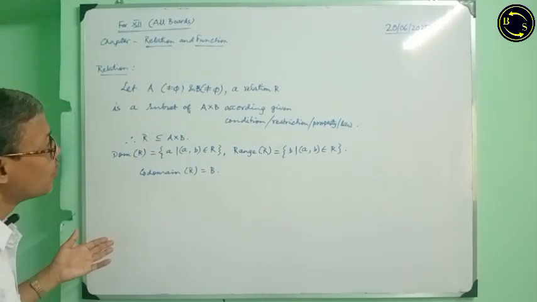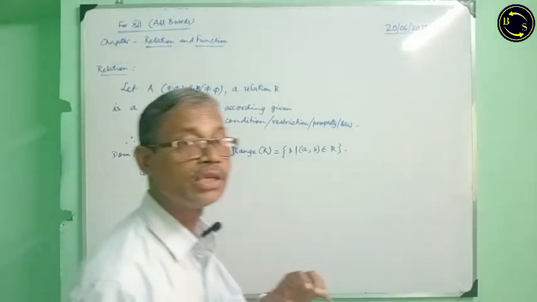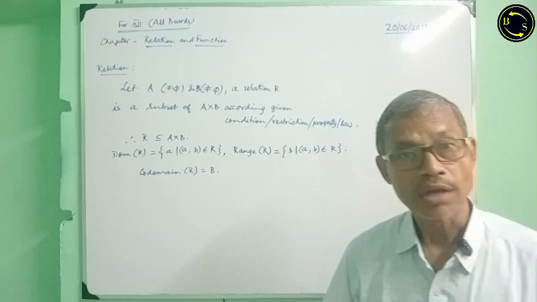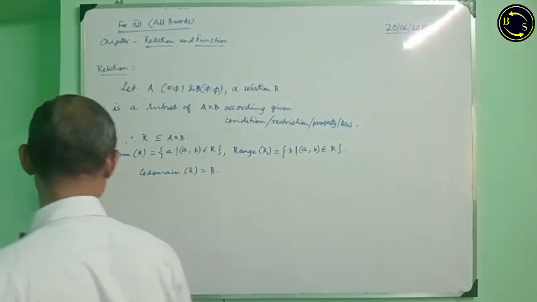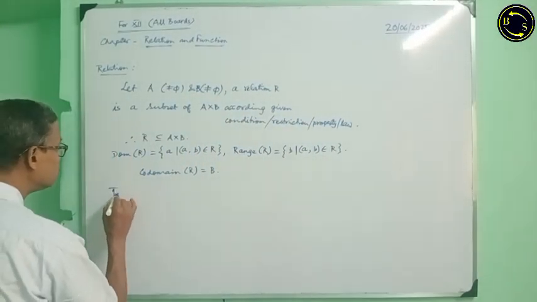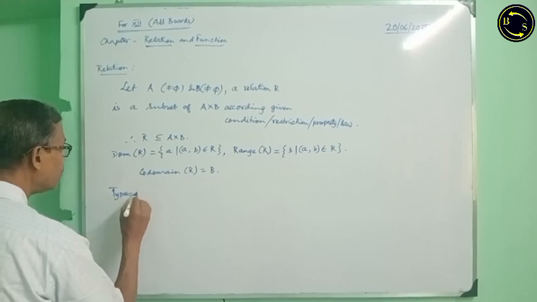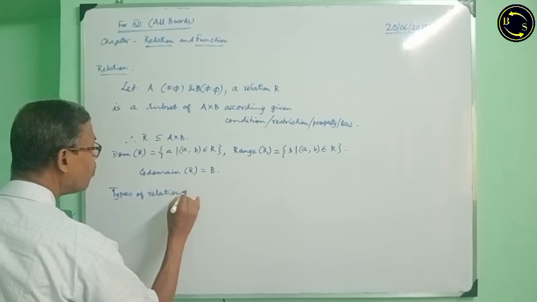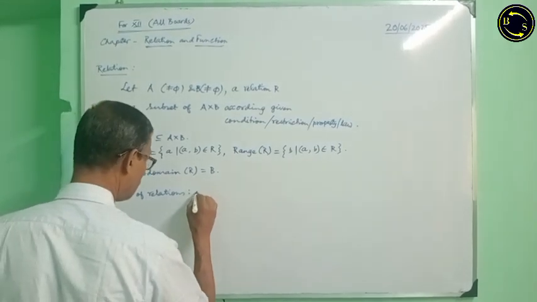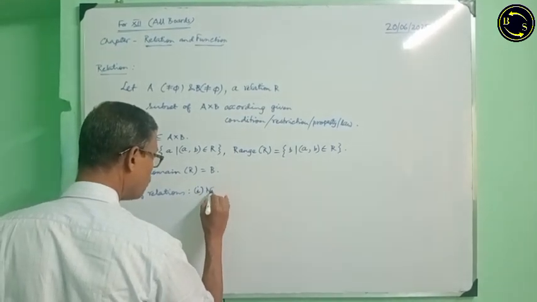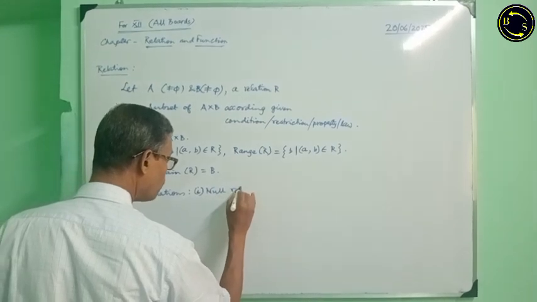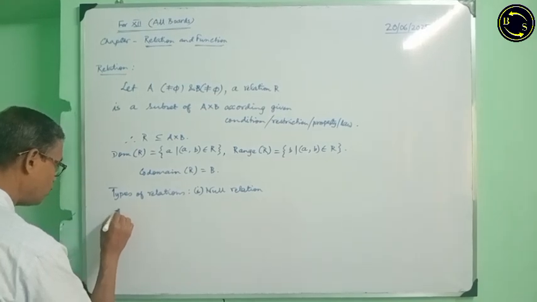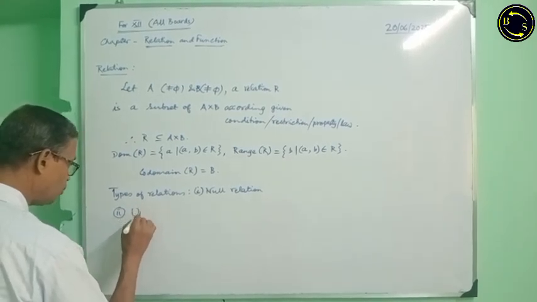Next, we have two or three varieties of relation in class 11. One is null relation. Number 2, universal relation.